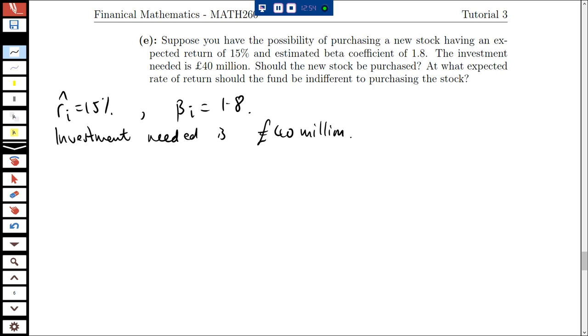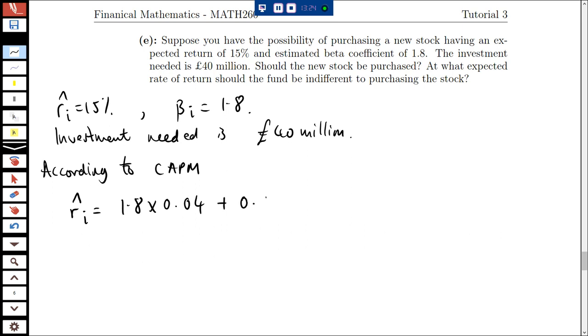Okay, so we need to build some numbers from the model. So according to the CAPM model, the expected return on this asset is 1.8, that's the beta value, times 0.04 excess return plus the risk-free rate.